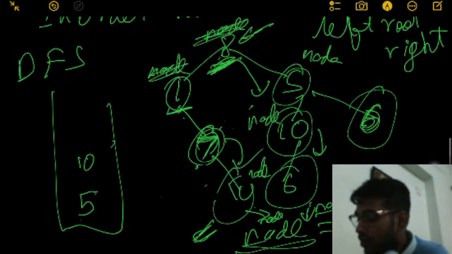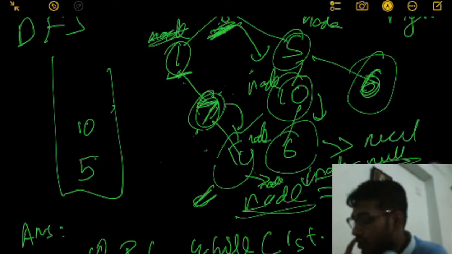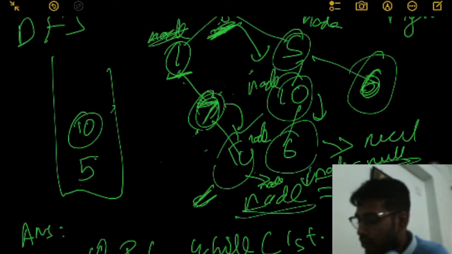And then node will be moved to the right of node. Is the right of this 6 equal to null? Yes. So we will again pop this node and add it to the answer list.